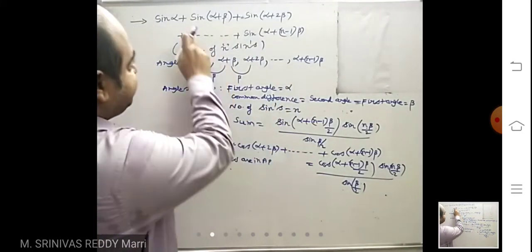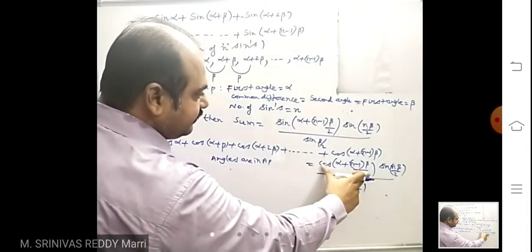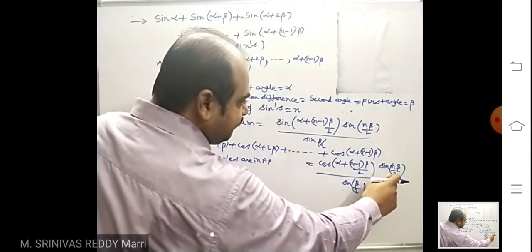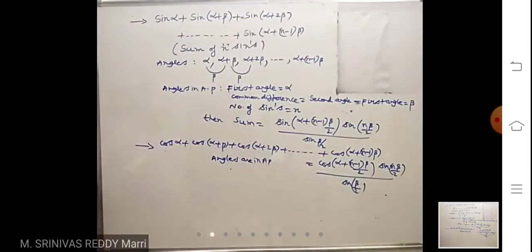The only change is that if the sum of sines is there, you get sine; here you get cos. So sin n beta by 2 is here, and sin beta by 2 is there.